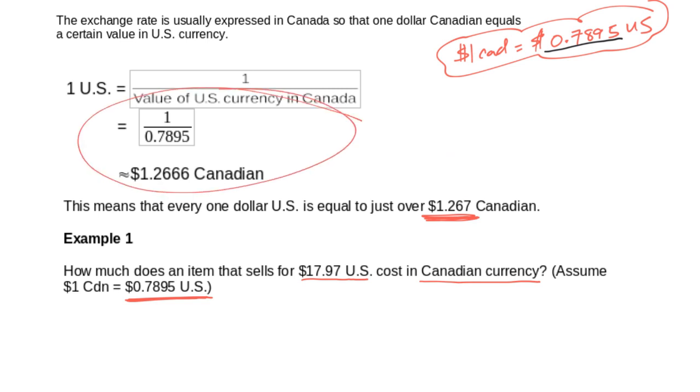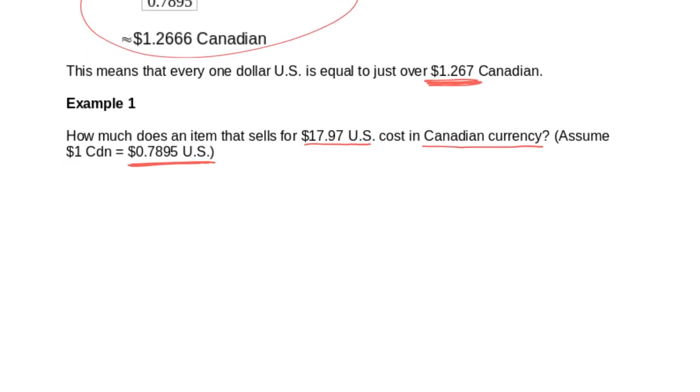So we got to take 1 divided by 0.7895 to get the Canadian equivalent, and then we use it in our calculations, right? Now, let's begin. Remember, I always give you the fact that $1 is 0.7895 US. So to turn it into Canadian, we divide that and we end up with approximately 1.267 Canadian dollars.